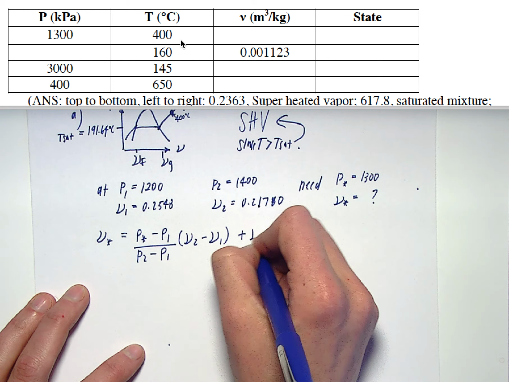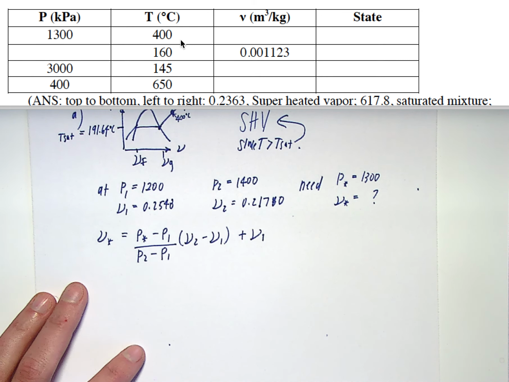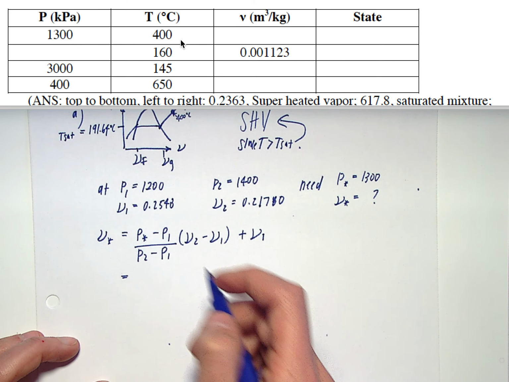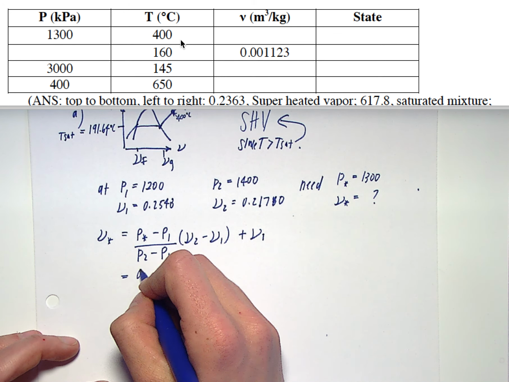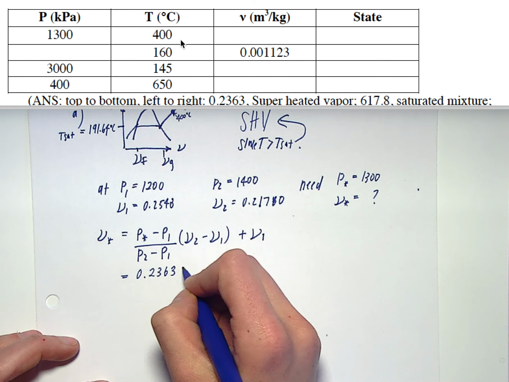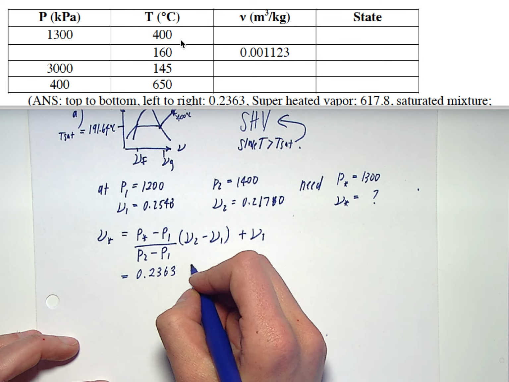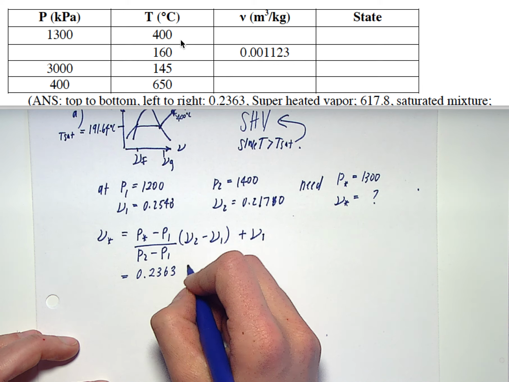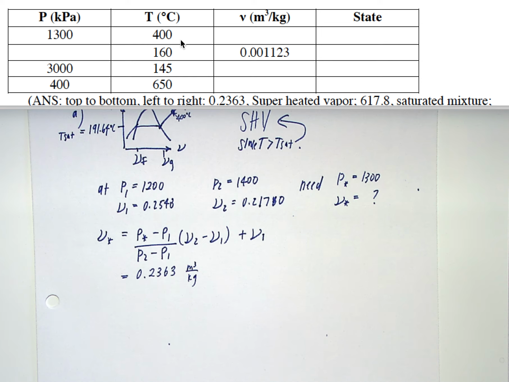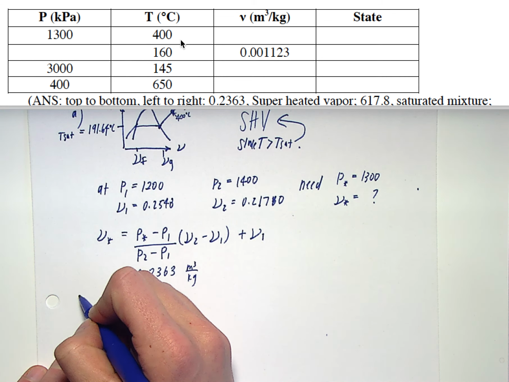You should have this in your equation sheet. When you plug everything in, those were all given in the above lines, you will get 0.2363, and the units on that are going to be meters cubed per kilogram. So that can help you fill in that first table, superheated vapor, and the specific volume that wasn't given.